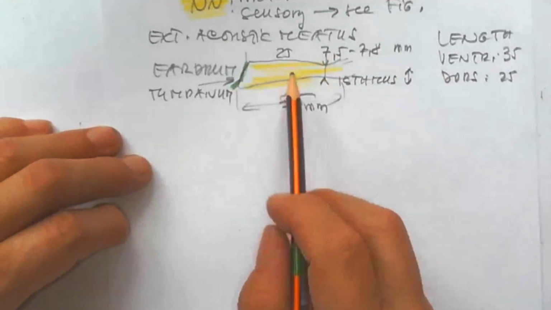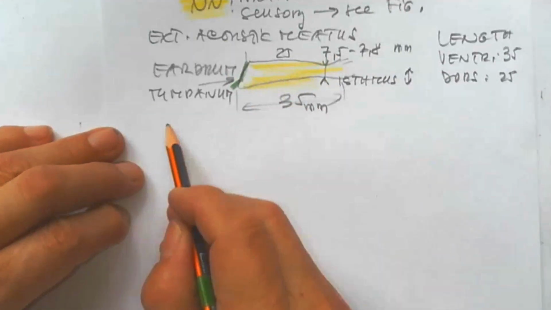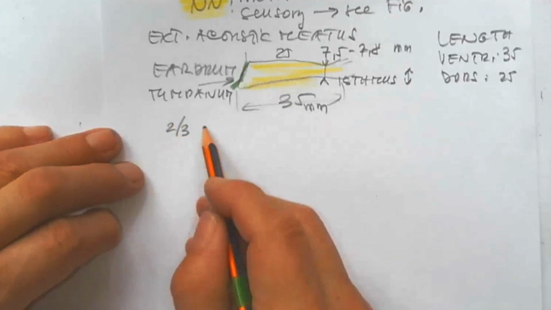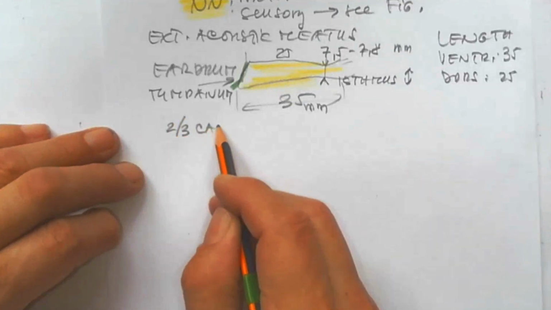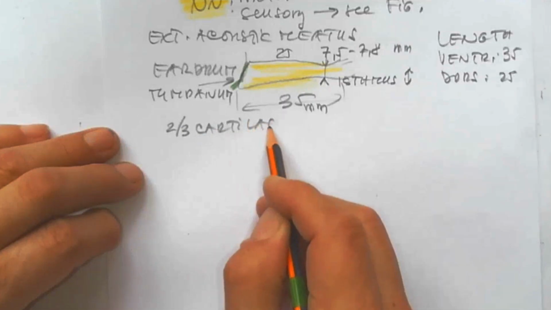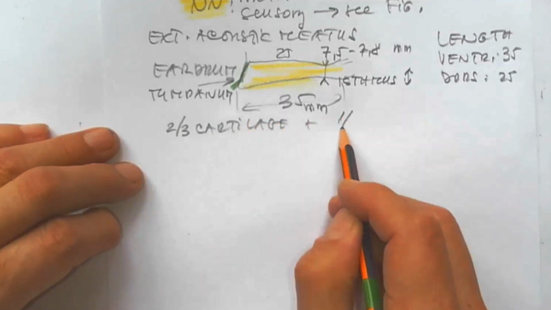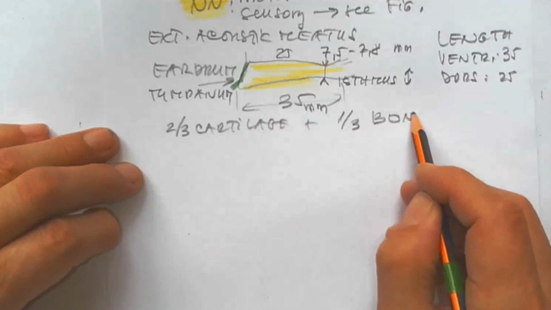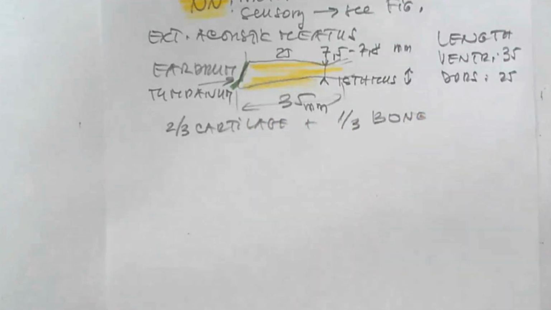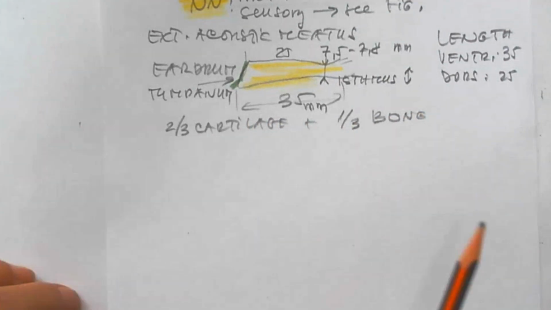And we said that the lateral 2/3 consists of cartilage, and 1/3 is bone. Okay, bony and cartilaginous portion, absolutely sufficient.